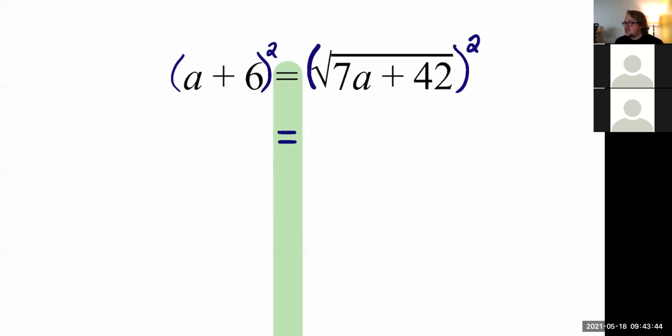Cancel out, leaving us with, on the right-hand side, 7a plus 42. So that part is just like the rest. On the left, however, I am squaring a binomial. Now, depending on your comfort level, there's going to be some different things here that could affect what your instincts are wanting you to do.